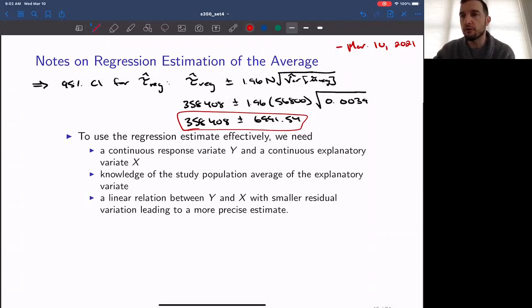So if you have a strong linear correlation between your variable of interest and your auxiliary variable, but that linear relationship does not go through the origin, you would require a different type of estimation. So we introduced, or we discussed, the regression estimation approach, which is very similar to the ratio estimation approach, with the only difference being that you're accounting for the y-intercept of the model that would relate your variable of interest to your auxiliary variable.